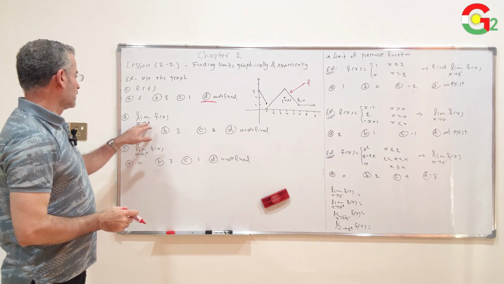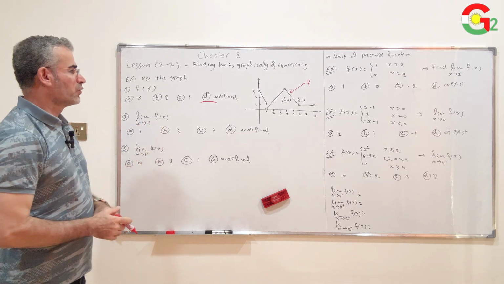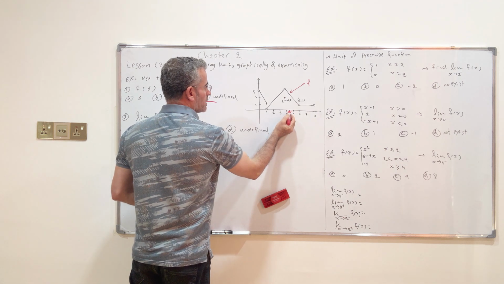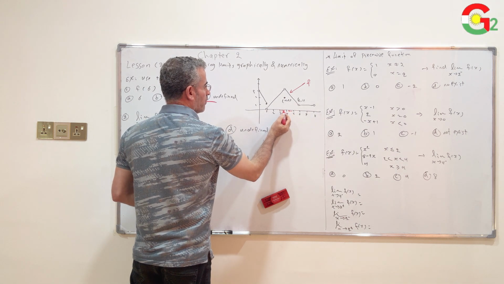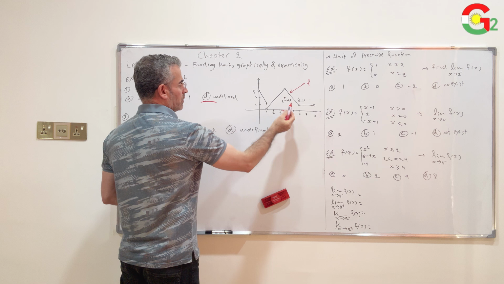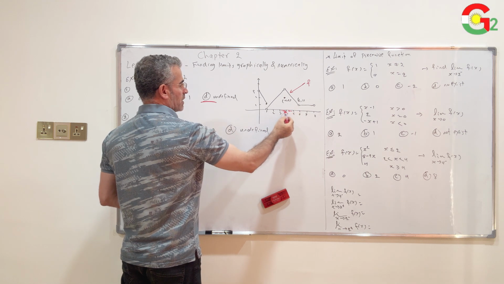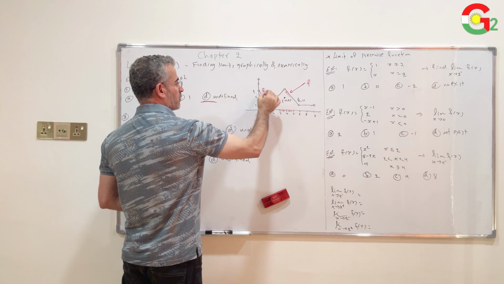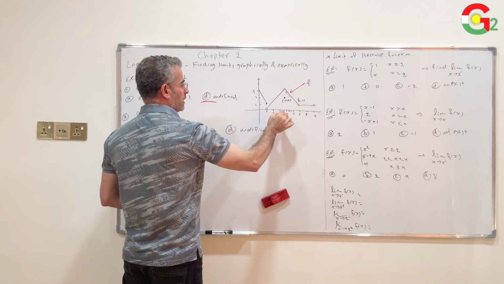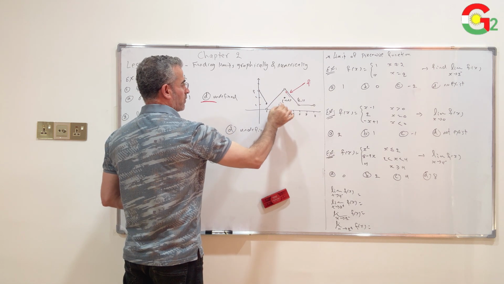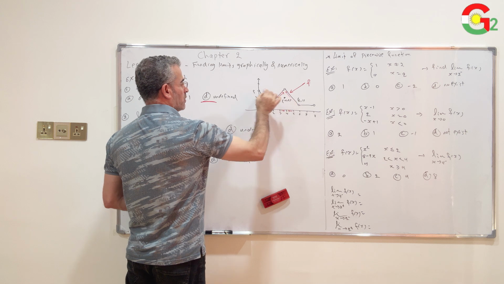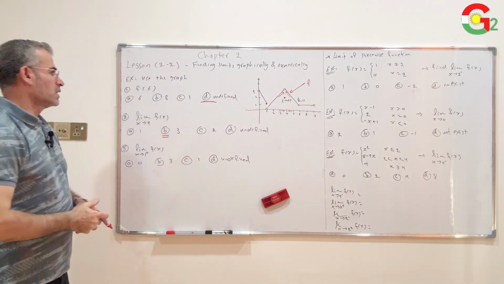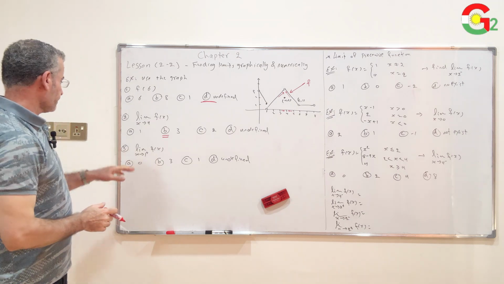Limit f of x when x approaches 4, we will analyze the limit from left and from right. When x approaches 4 from right, f of x approaches 3, and when x approaches 4 from left, also f of x approaches 3, then the right choice is 3.